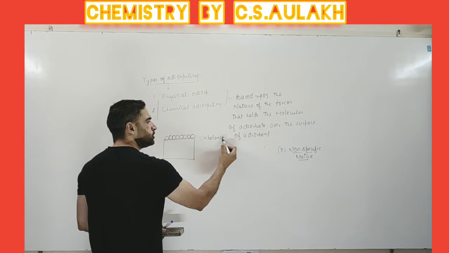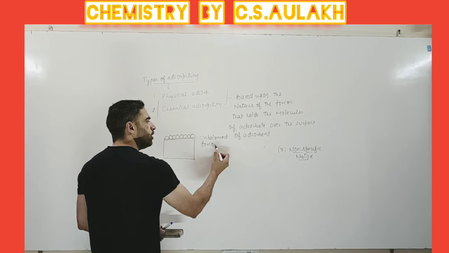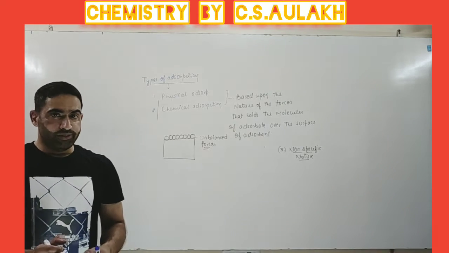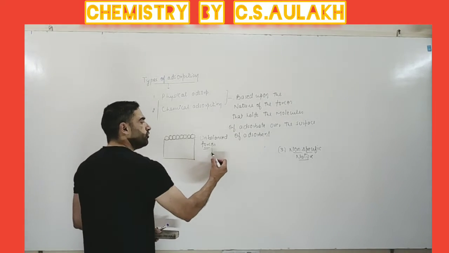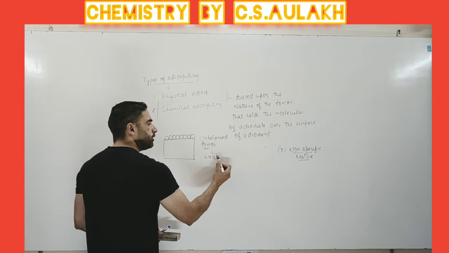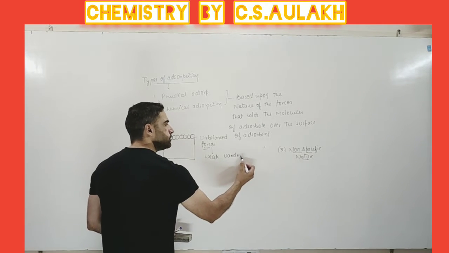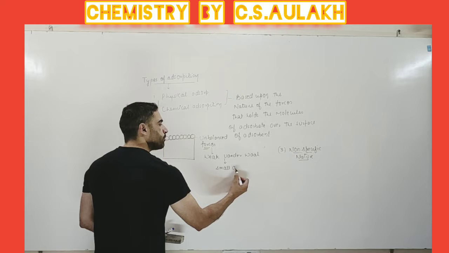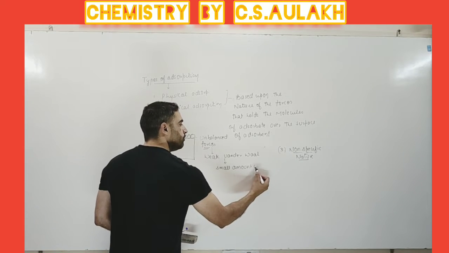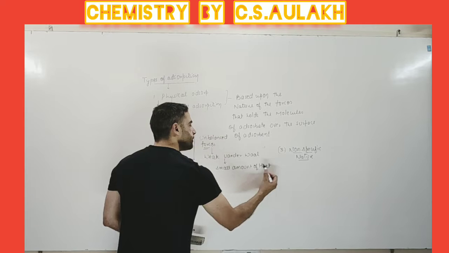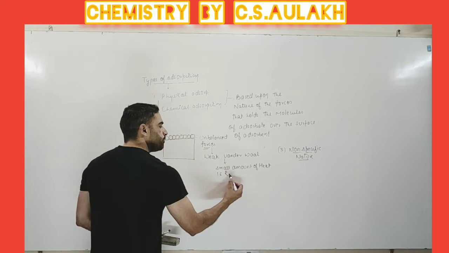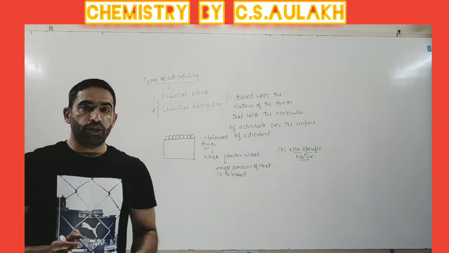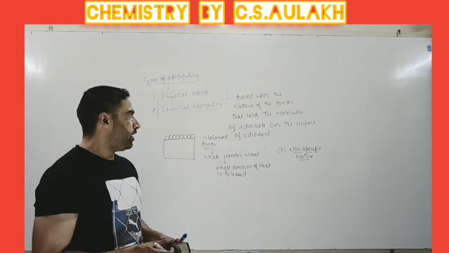Due to the weak nature of van der Waals forces, a very small amount of heat energy is released. So we say the enthalpy of adsorption in case of physical adsorption comes out very small.